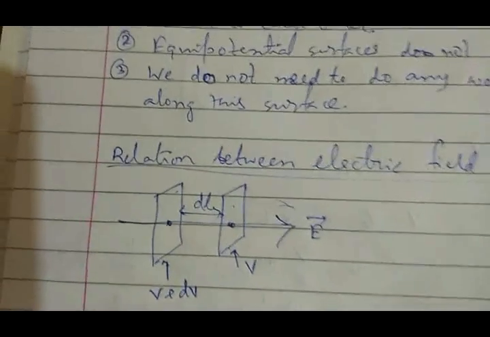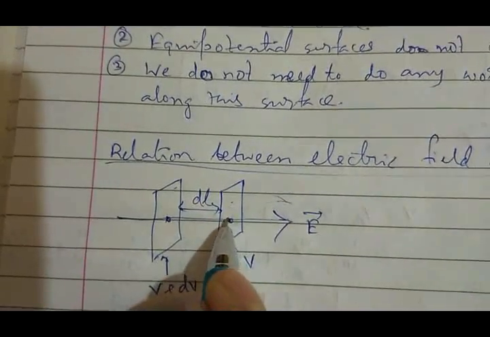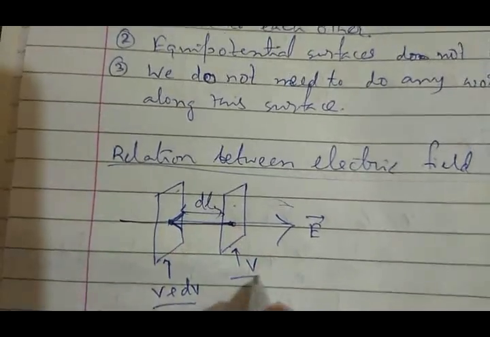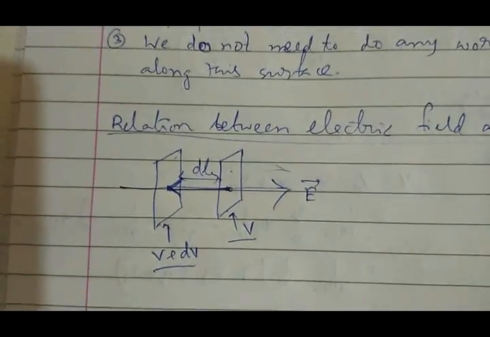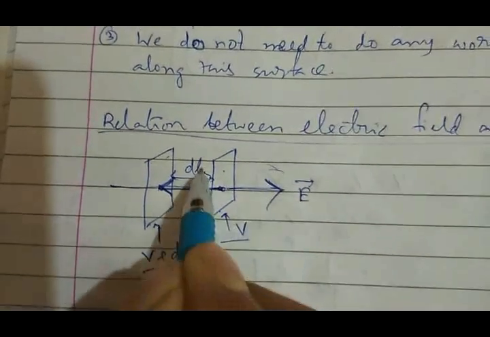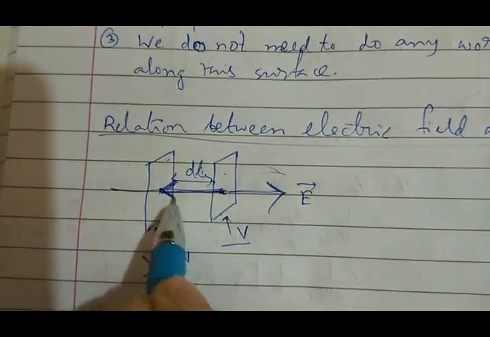So suppose we bring a unit positive charge from this point to this point. The work done will be the difference between the potentials. Now the electric field is in this direction and we are moving the charge in this direction, so they are opposite to each other.